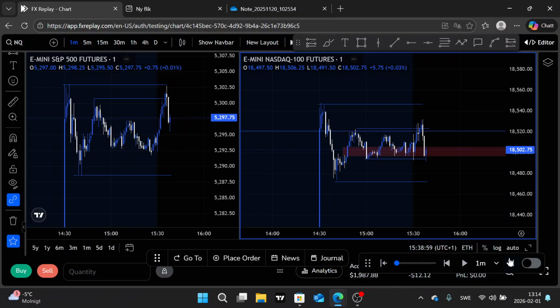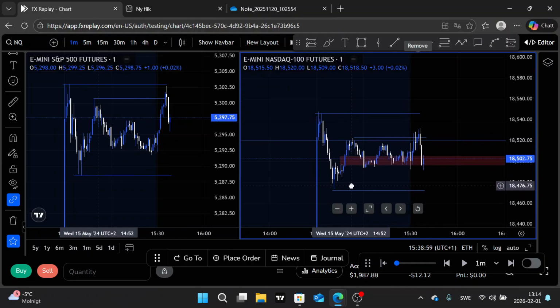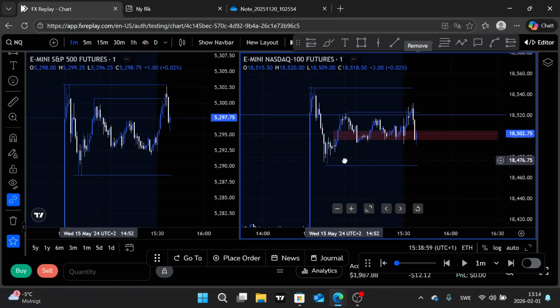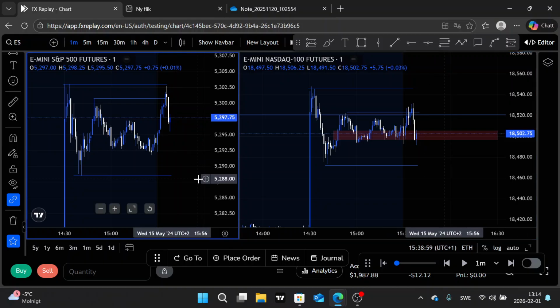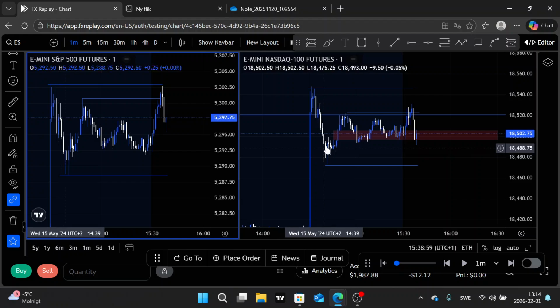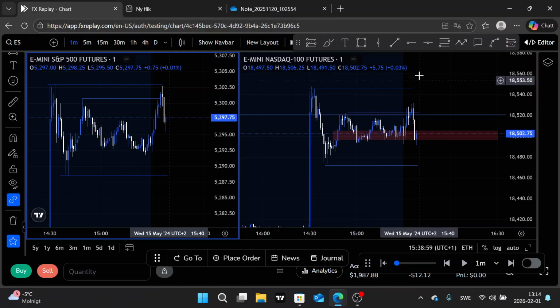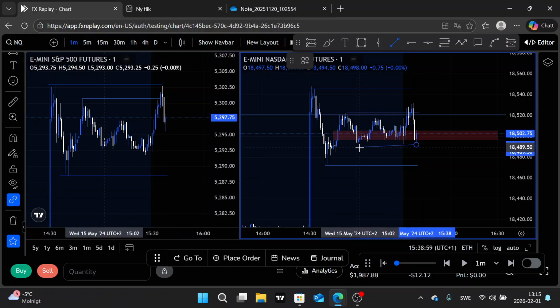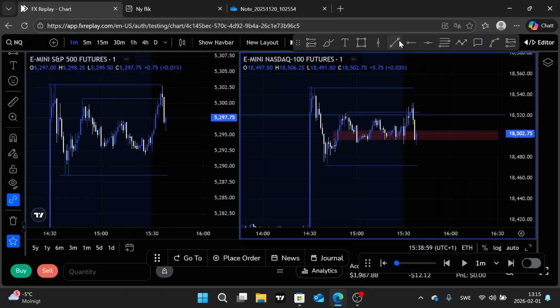we do not yet. We still respect this 5 minutes fair value gap, and we put a bearish SMT here, but we still respect 5 minutes fair value gap. We put a bearish SMT, and here we go.